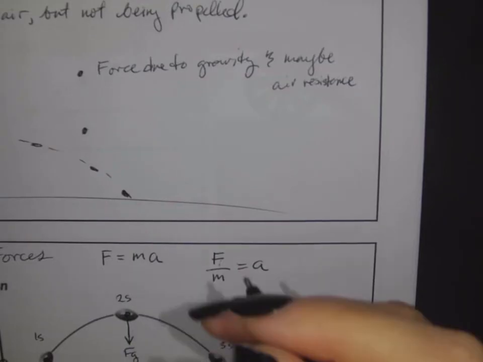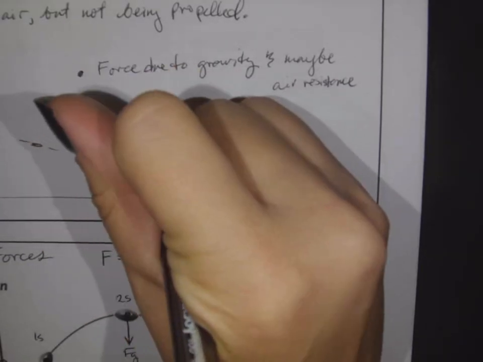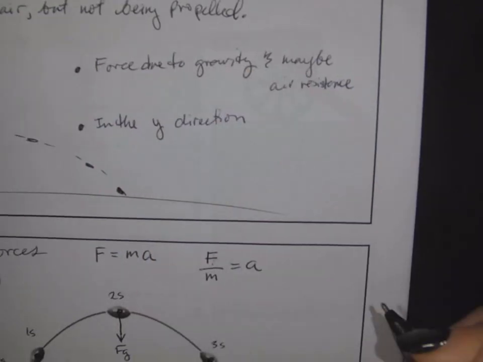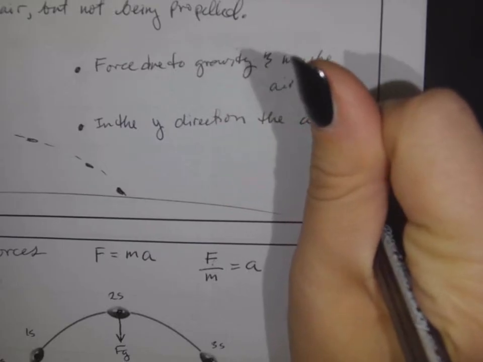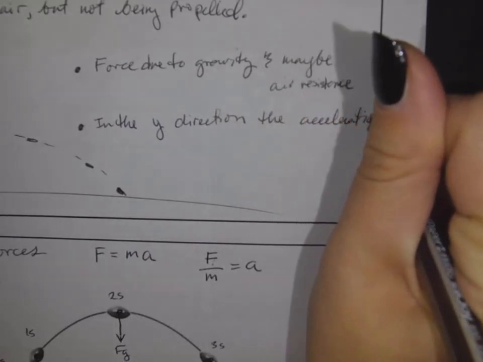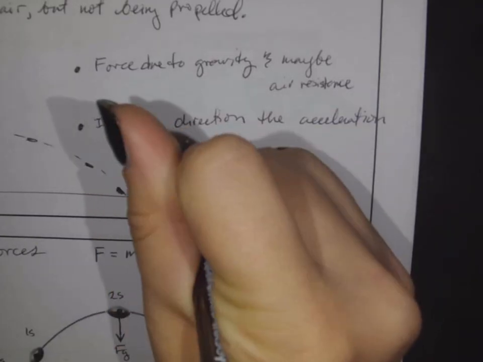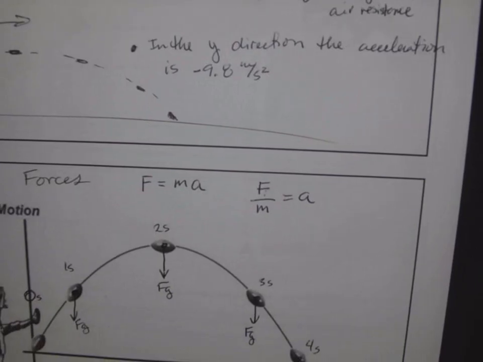So in the y direction, the acceleration is negative 9.8 meters per second squared, because only gravity is acting on this.